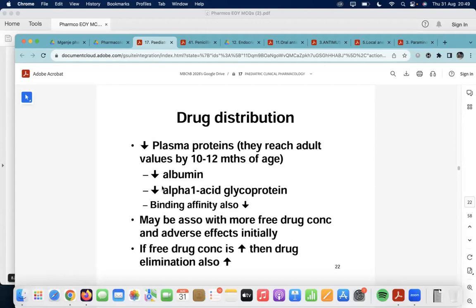So there's low albumin, low alpha-1 acid glycoprotein. Therefore, binding affinity is also low, so drugs are less bound to those transport proteins. They may be associated with more free drug concentrations and adverse effects initially. If free drug concentration is increased, then drug elimination also increases.